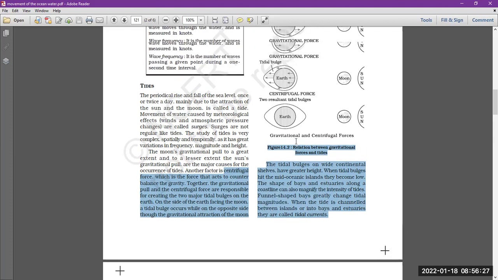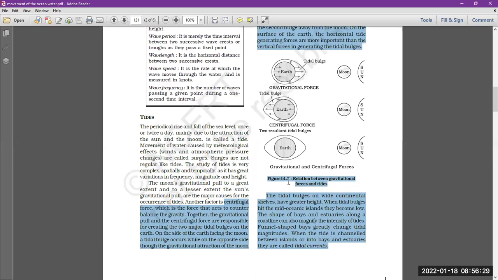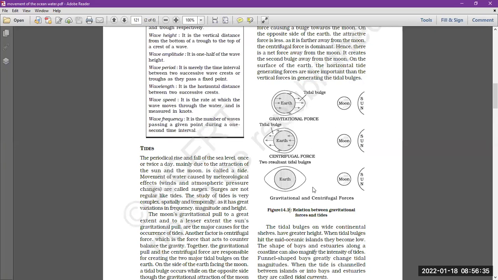So look at this figure 14.2. The relation between gravitational force and tides is given. You can see the first figure, the earth is given, and a tidal bulge. You can see this tidal bulge, and the moon and sun on your screen.